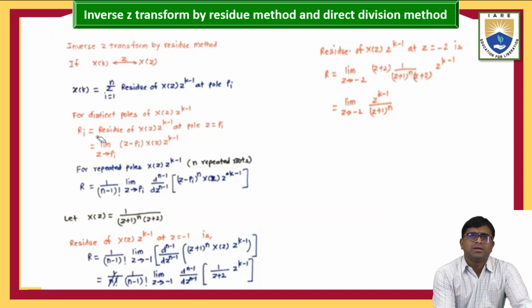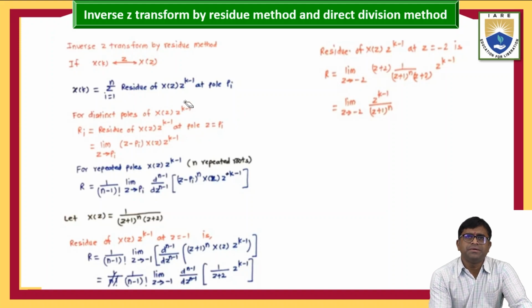For that, the residue of x of z into z power of k minus 1 at pole p i is given by the limit, where z tends to the pole value p i, of z minus p i into x of z into z power of k minus 1. This is for distinct poles.